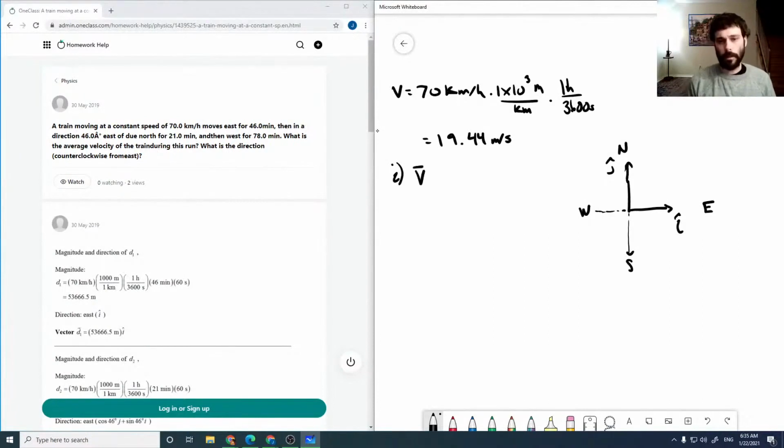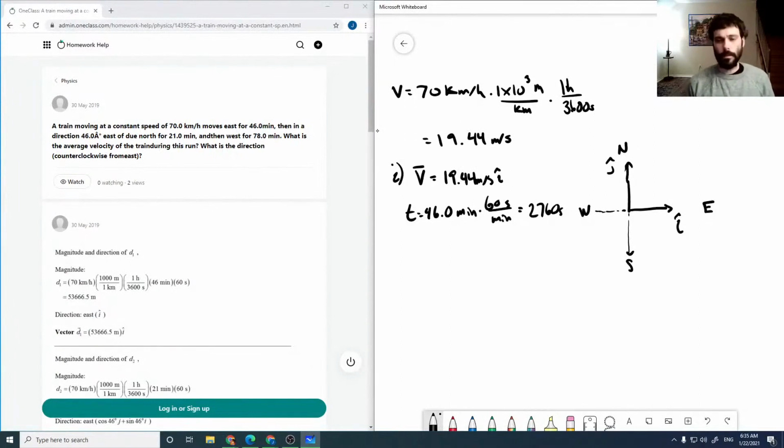So for the first leg, I'm moving due east. So my velocity is 19.44 meters per second I hat. My time is 46.0 minutes times 60 seconds per minute, which comes to 2760 seconds.